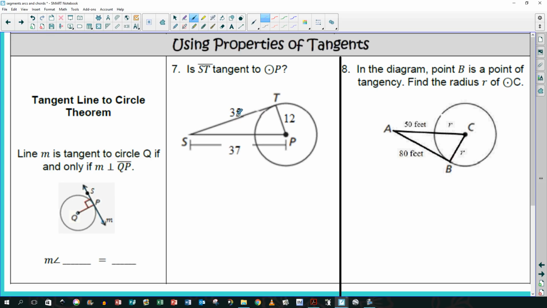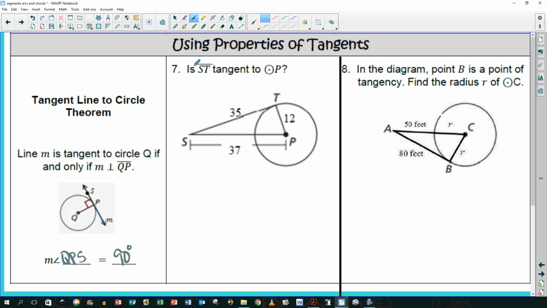So if you see a line touching a circle and it's perpendicular to the radius or the diameter, then that means it's tangent. So for example, the measure of angle QPS, so QPS equals 90 degrees.